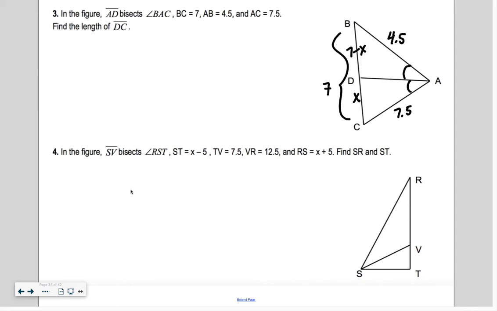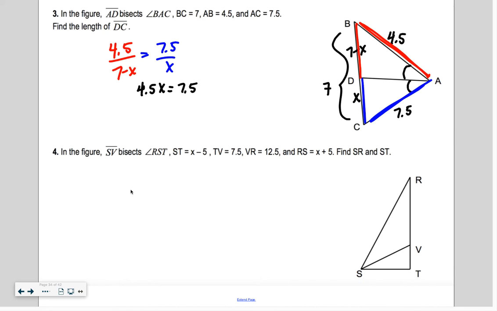Okay. And these sides are divided proportionally. So that 4.5 over the 7 minus x ends up being in the same proportion as 7.5 over x. So we get 4.5x equals 7.5 times 7 minus x.